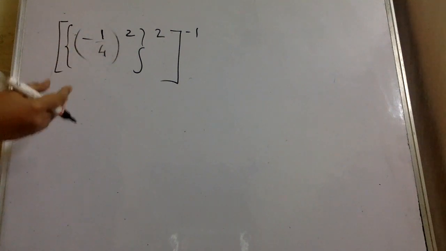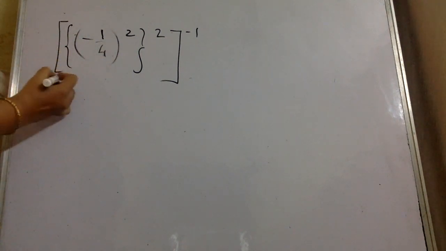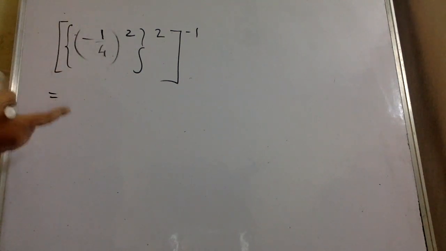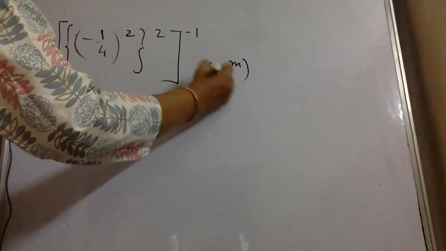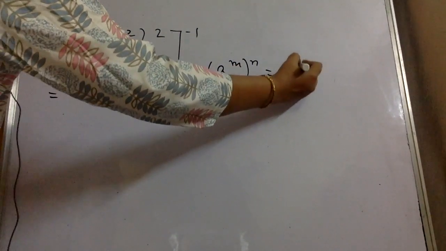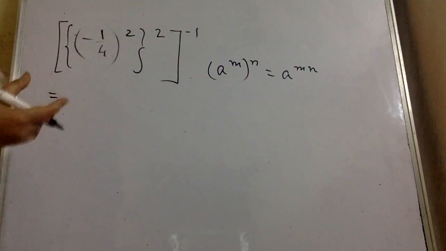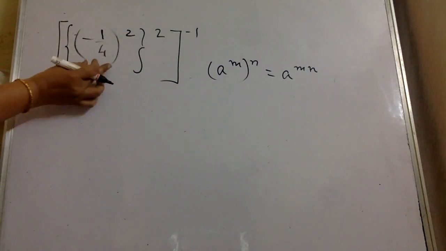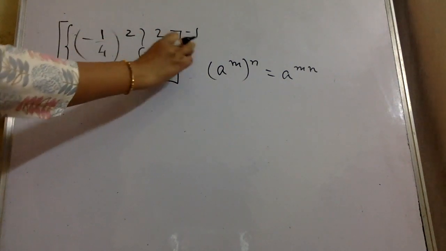This is my sum, and they have asked me to find the value of this sum. Now here we shall be using the rule a to the power m to the power n is equal to a to the power mn. We'll be using this rule now. Now what we do, we don't touch this. We don't start from the inside, rather we start from the powers.